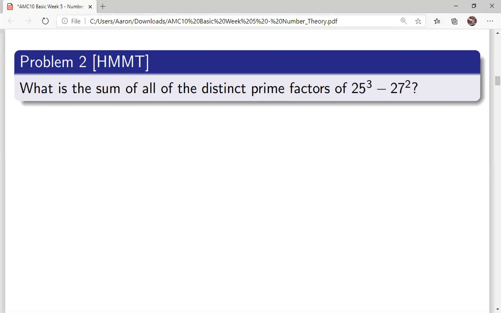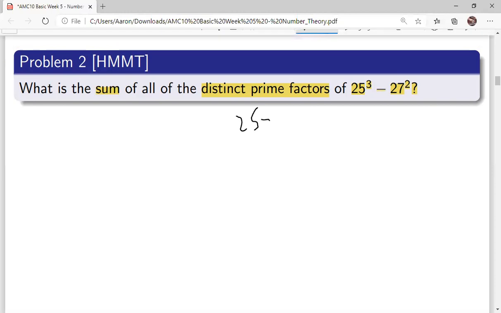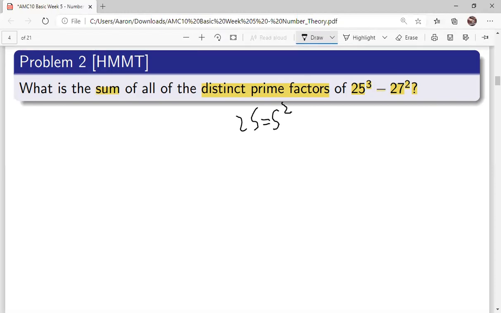Okay, I'm going to start going over this problem now. So the problem wants to find the sum of all the distinct prime factors of 25 cubed minus 27 cubed. So you can factor this as 25 equals 5 squared and 27 equals 3 cubed.